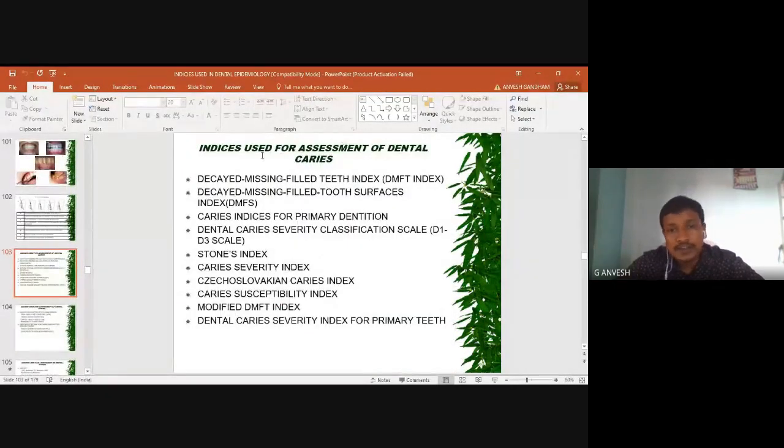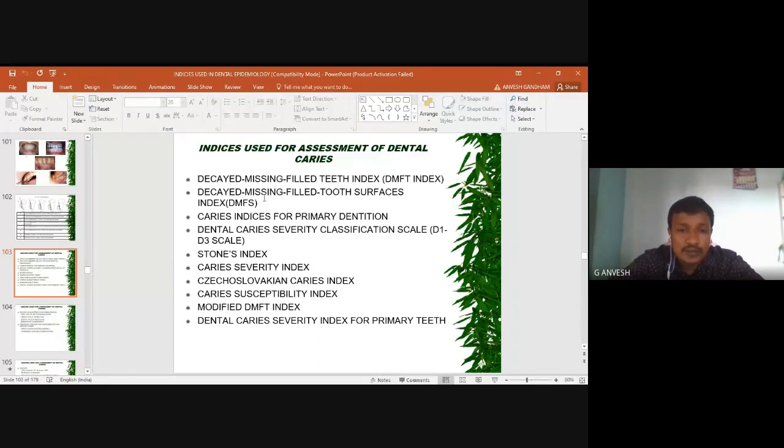So there are various indices that are used for assessment of dental caries. The first one is the decayed missing filled teeth index, which we commonly refer to as the DMFT index. The next index is DMFS, decayed missing filled tooth surfaces. The third one is the caries index for primary dentition, and the dental caries severity classification scale.